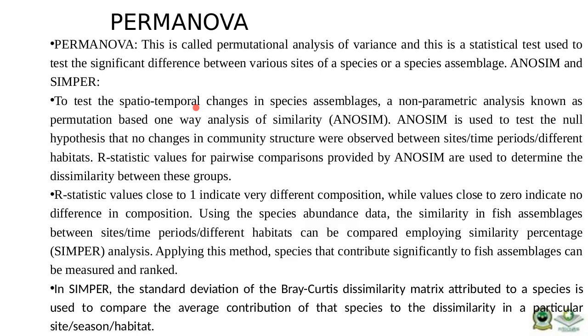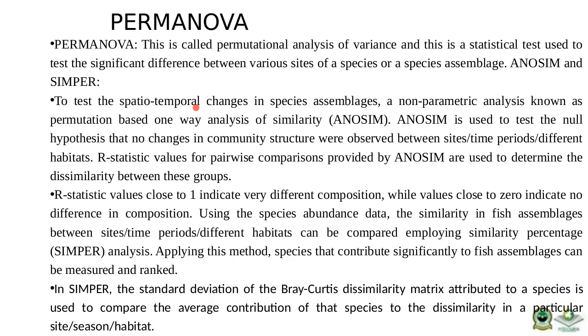So this is a statistical application that can be used to assess two communities to see whether there is spatial-temporal change within the assemblages of that community. Using this R statistic, a value close to 1 indicates very different composition, while values close to 0 indicate little difference in composition.